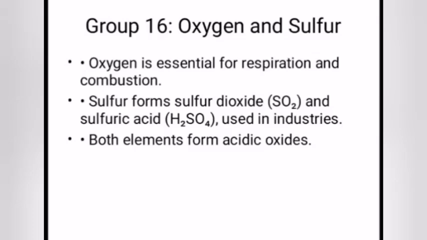Those compounds, oxides of S and O reacting with hydrogen, usually form acidic oxides, especially when they are bonding with oxygen. They form acids when they react with hydrogen, like H2S, hydrogen sulfide gas. It's an acidic gas. So they usually form acids or acidic oxides.